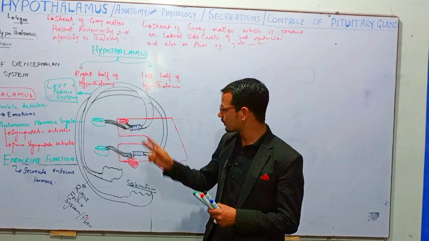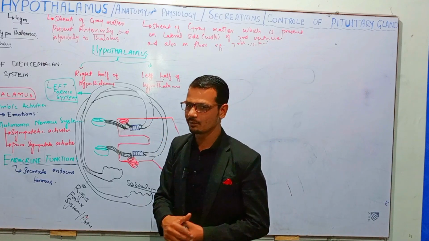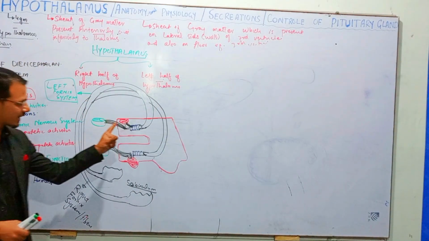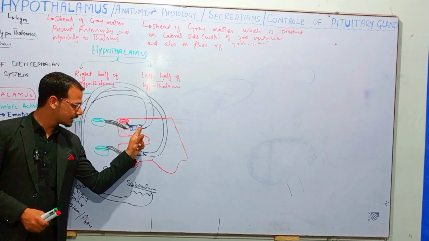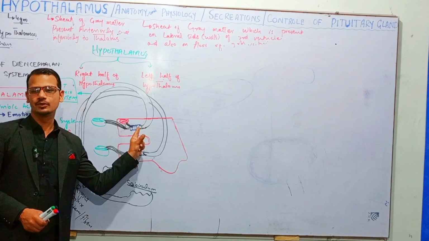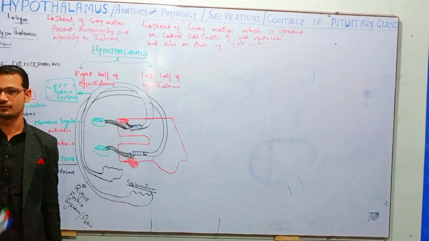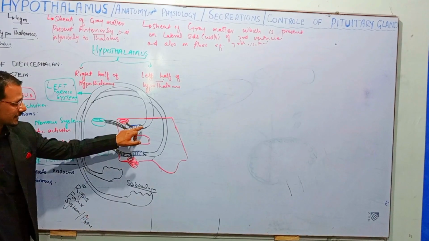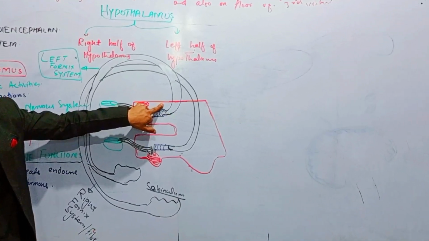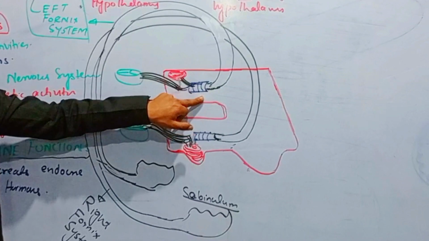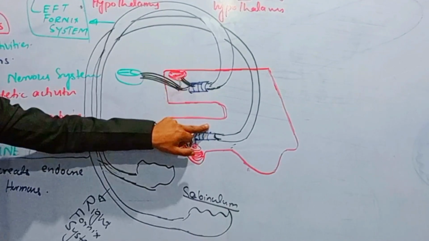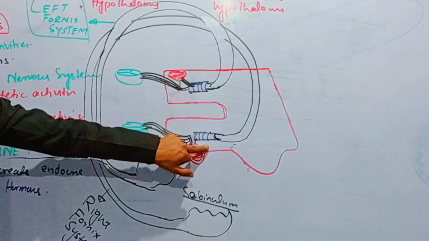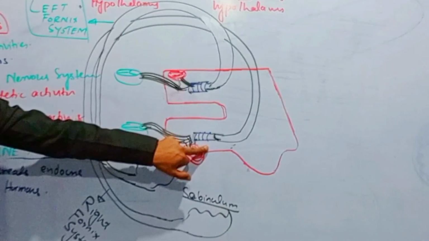Because due to these fibers, the hypothalamus can be divided into lateral and medial parts. The point where these fibers enter this hypothalamus is the center part of the hypothalamus, right? From these fibers, this area is lateral and this area is medial, and they have different nuclei.